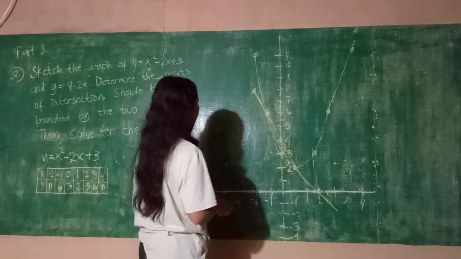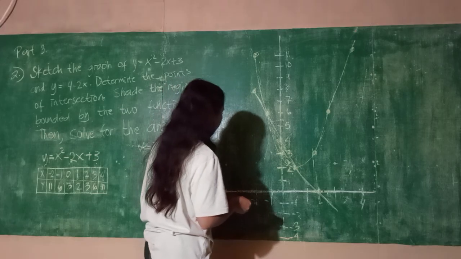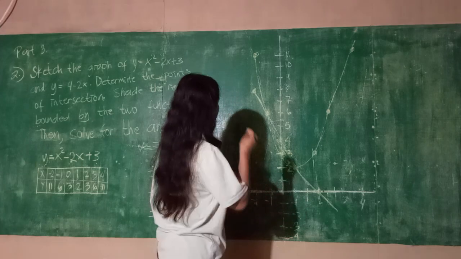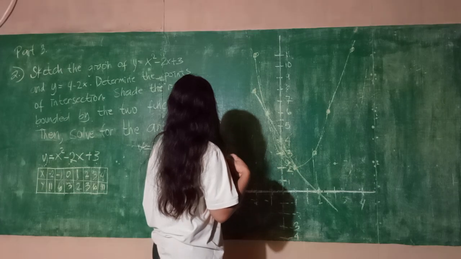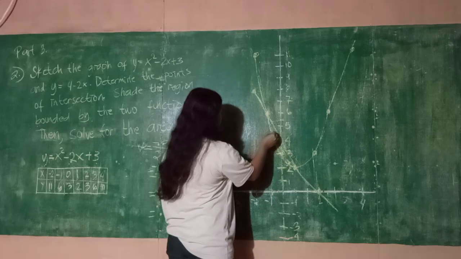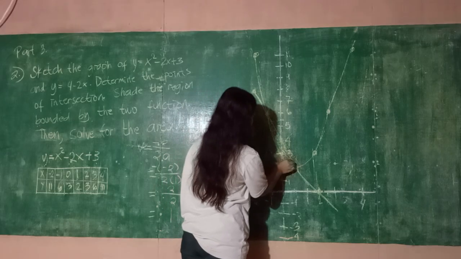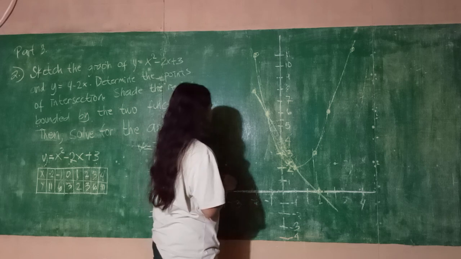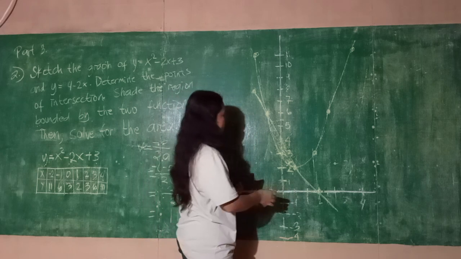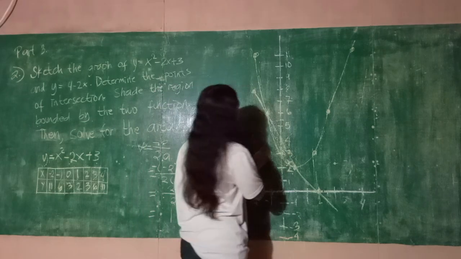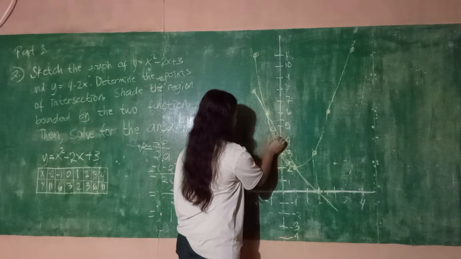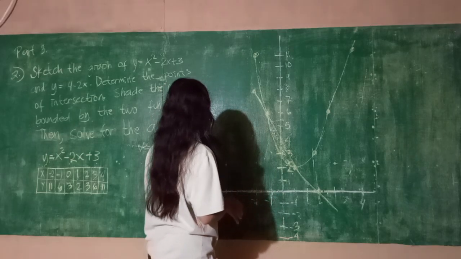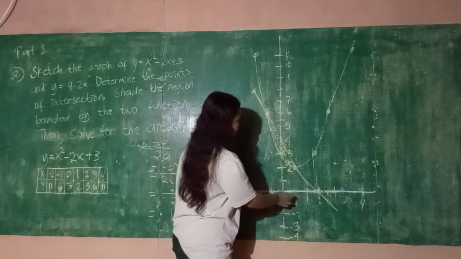As we can see in this graph, we can determine the intersection of the two functions, wherein it lies from x equal to negative 1 to 1.